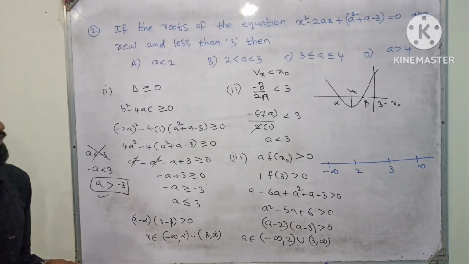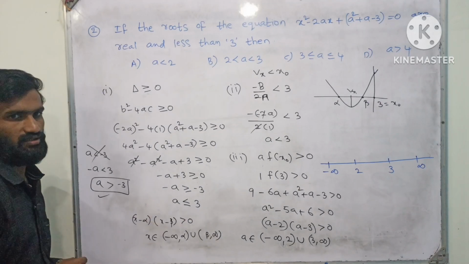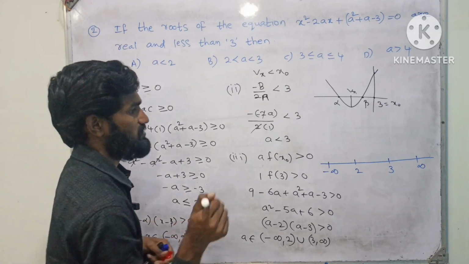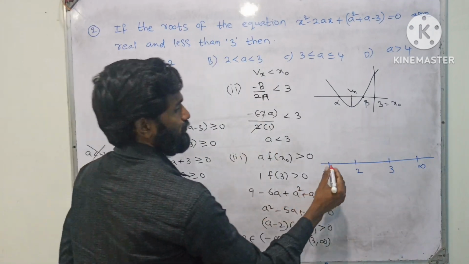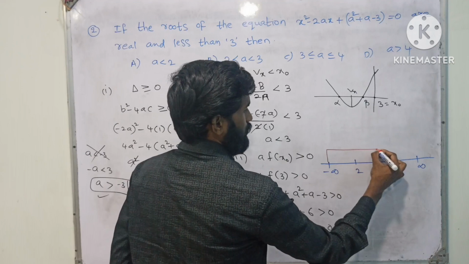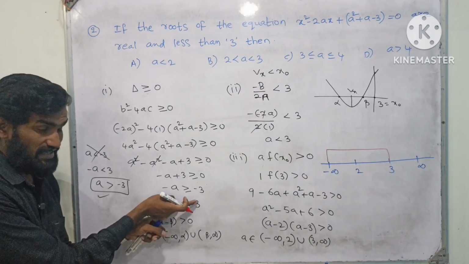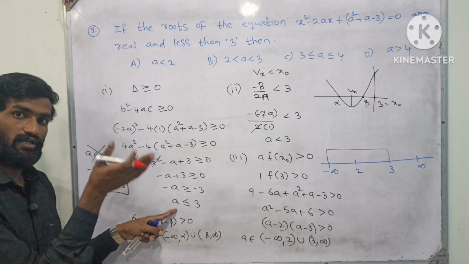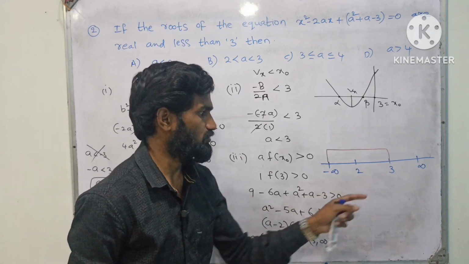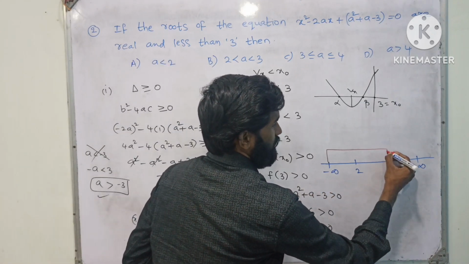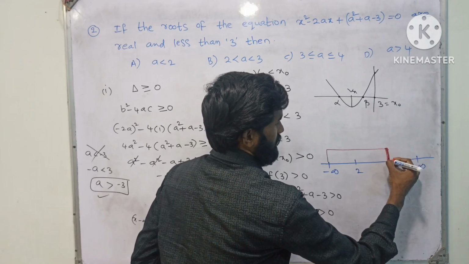Now what is the first one? a is less than or equal to 3, which means it is minus infinity to 3. Less than 3 means 2, 1, 0, minus 1, minus 2, up to minus infinity. That's why minus infinity to 3, but here 3 is included, therefore we have to take a thick line.